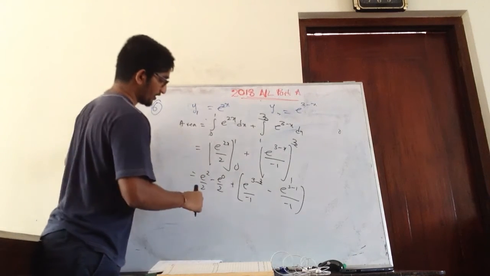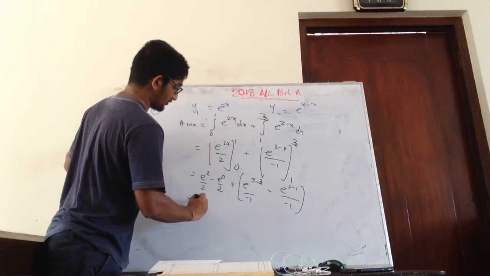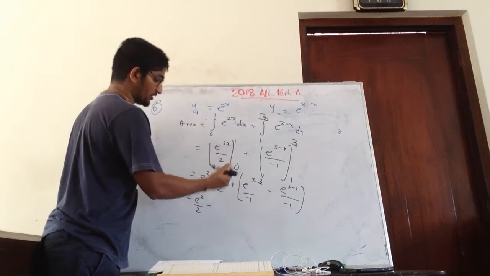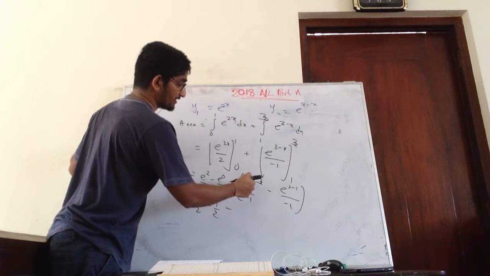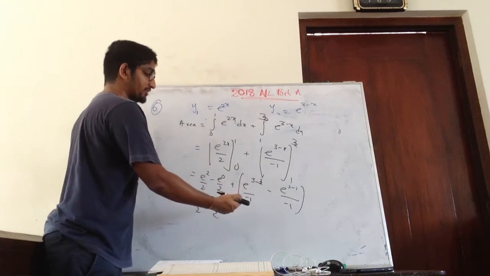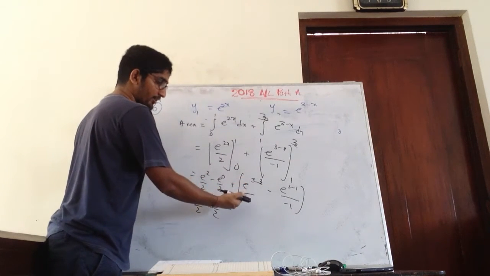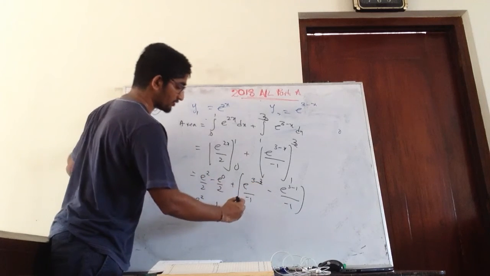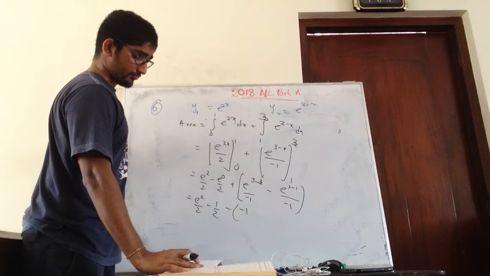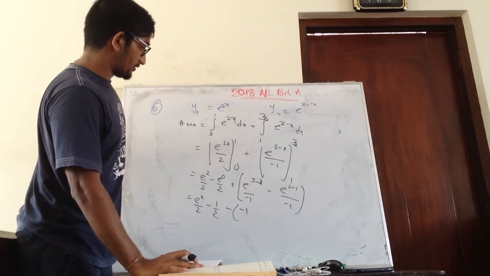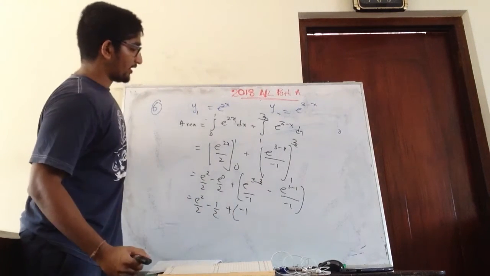Correct, no? So then I will get here e^2 over 2 minus e^0 is 1. Anything to the 0 is 1. Then this is going to be e^0, that means it's going to be 1, and 1 divided by minus 1 is going to be minus 1.